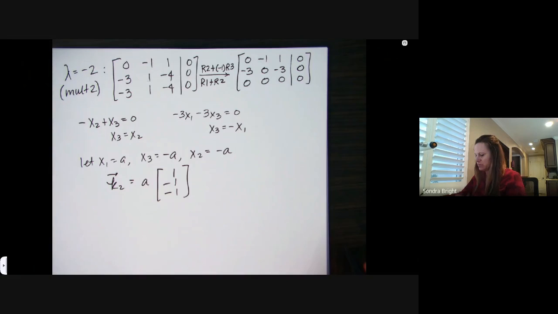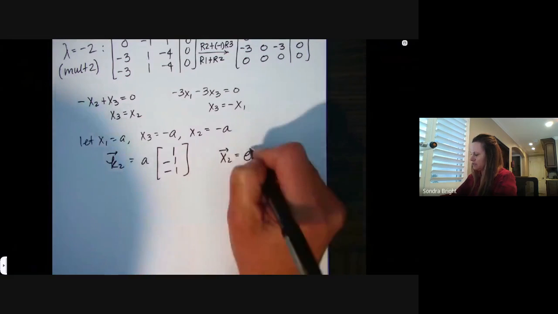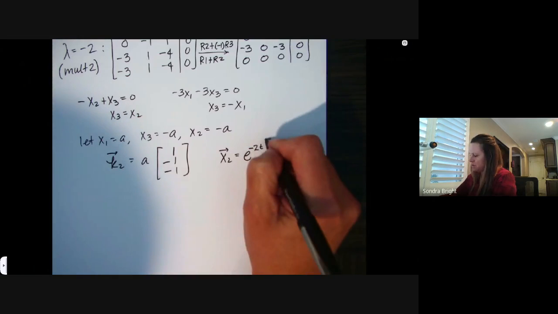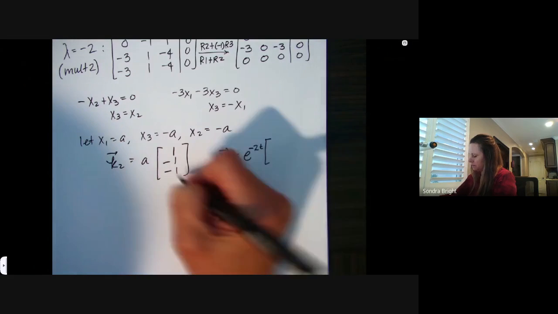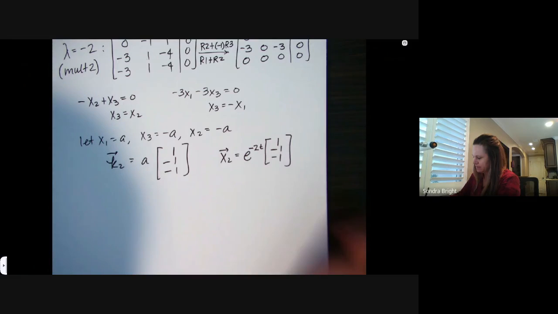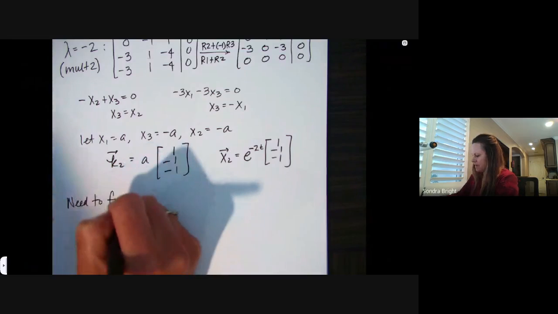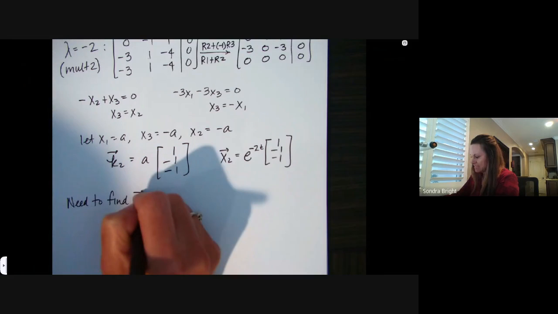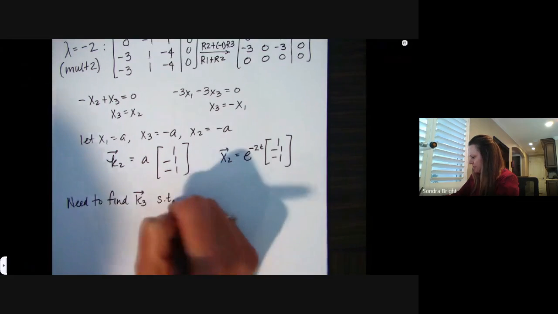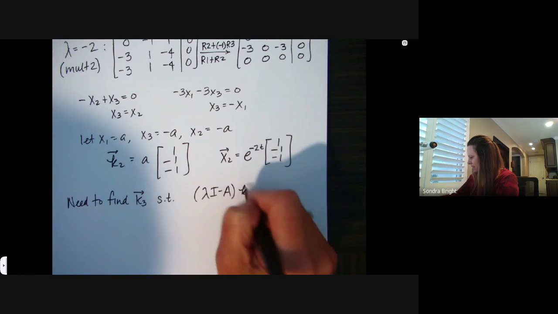So that means we do have to do this process to find the third eigenvector. So x2 is e to the -2t, -2 is our eigenvalue, and then times 1, -1, -1. All right, so now we need to find k3. We need to find a third eigenvector that will satisfy the equation lambda I minus A times k3 is equal to -k2.